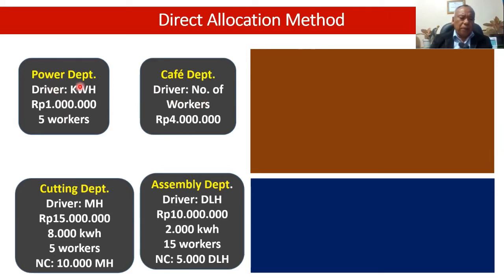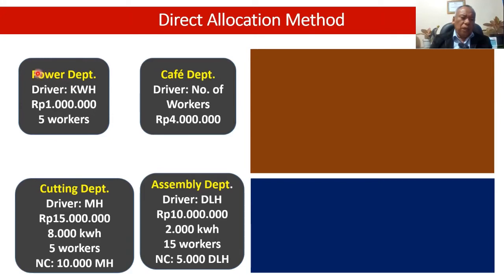The power department cost will be allocated directly to the cutting and assembly departments. The cafe department cost will also be allocated to the cutting and assembly departments. So we can start from either the power department or the cafe department. There is no problem here, because there is no allocation between the service departments.